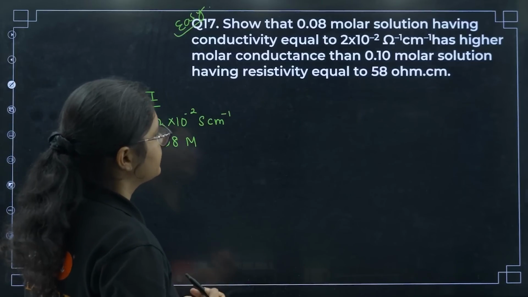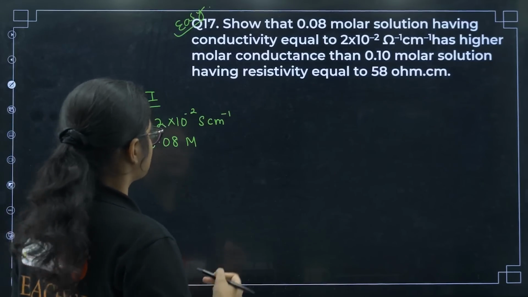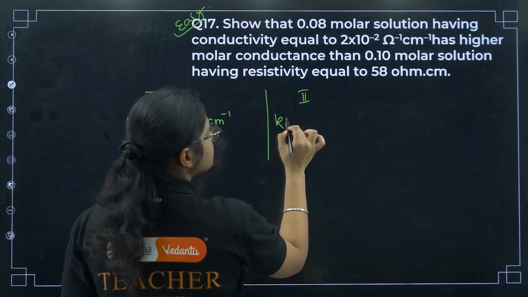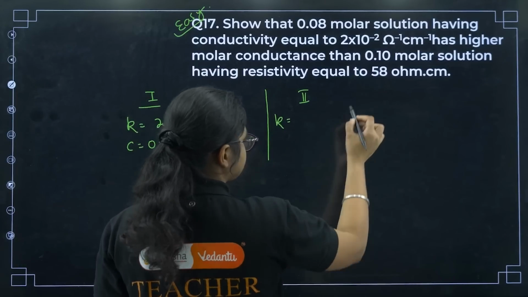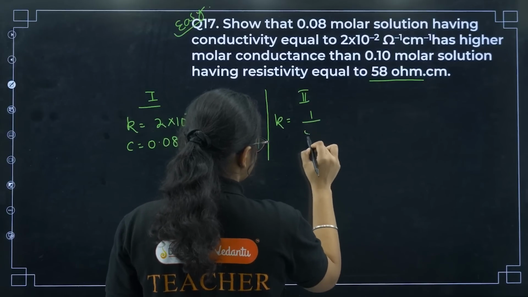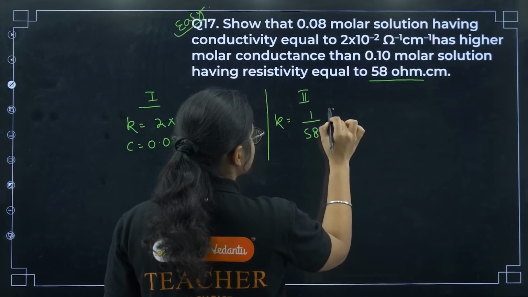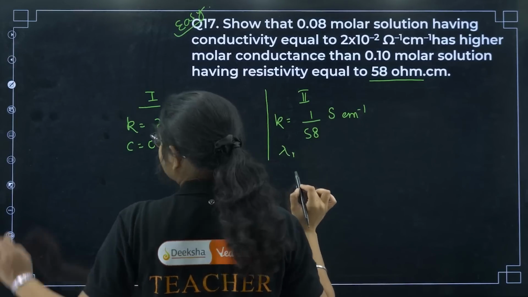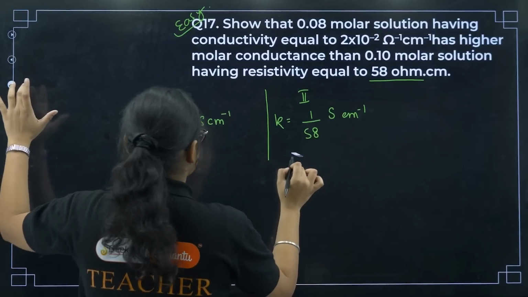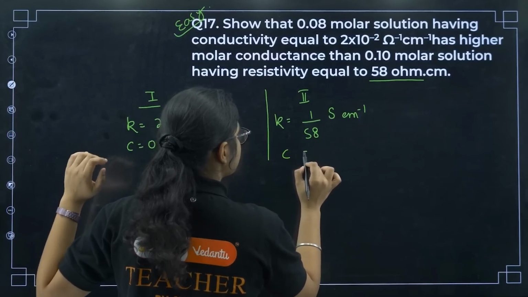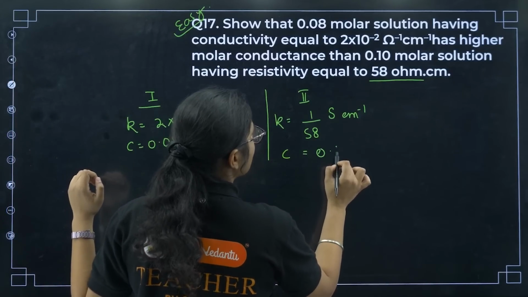centimeter inverse. Then here I have the second one where kappa is the inverse of resistivity, so I can write 1 by 58 S centimeter inverse, and molar concentration here is 0.10.